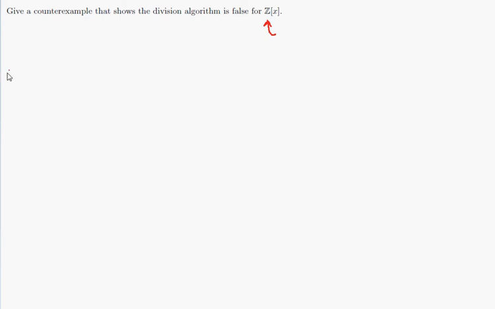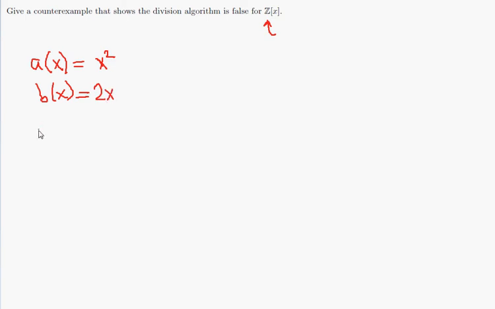So to give a counterexample that shows that the division algorithm is false, let's do something fairly simple. Let's let a(x) be equal to x squared, and let b(x) be equal to 2x.